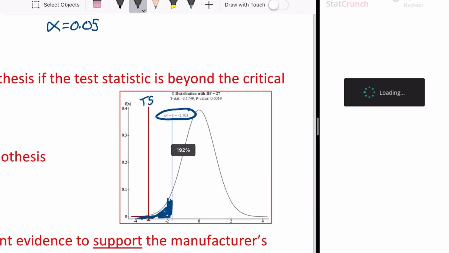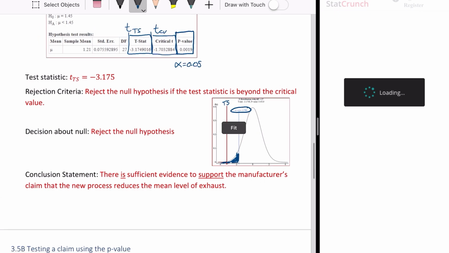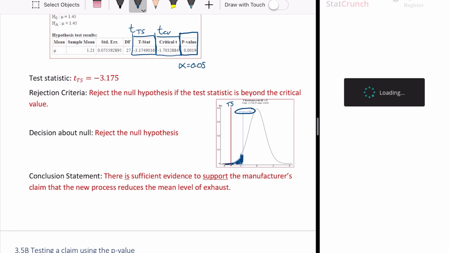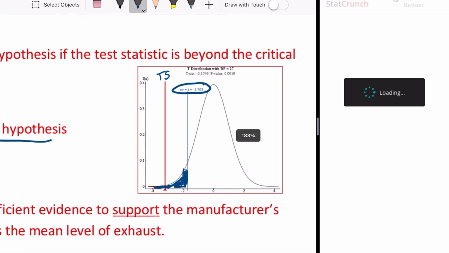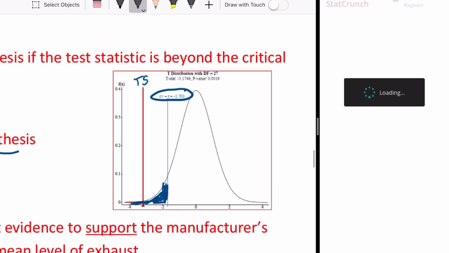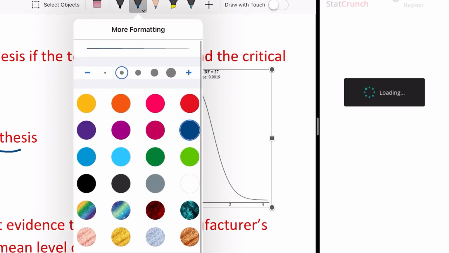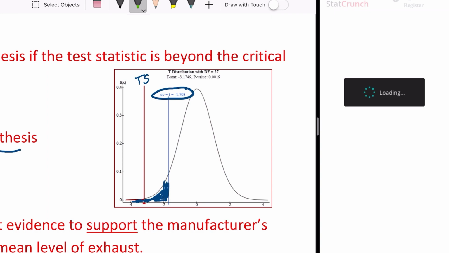Yep. So I'm going to reject the null hypothesis because my p-value is less than 0.05. Can we mark that p-value in a different color just to remind people what the p-value is? We've got the alpha there, 0.05. The p-value is the area past our test statistic.